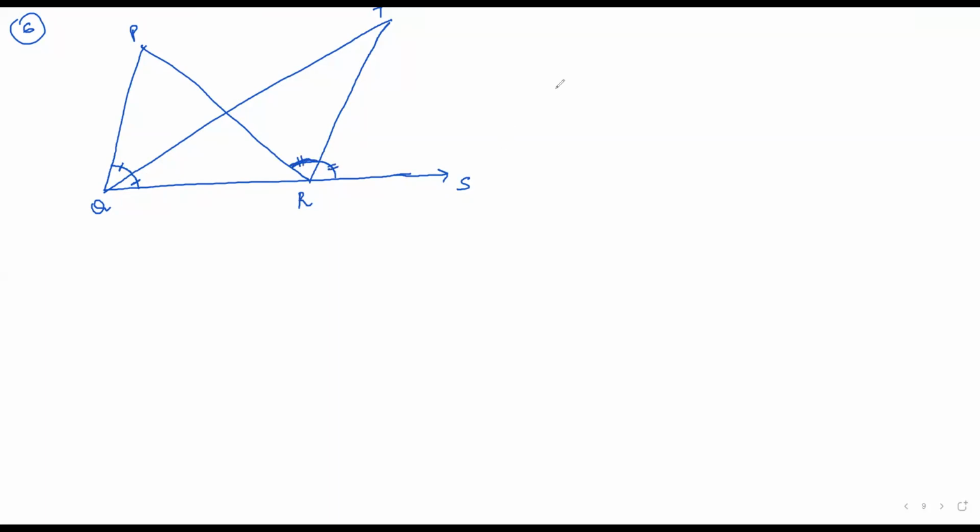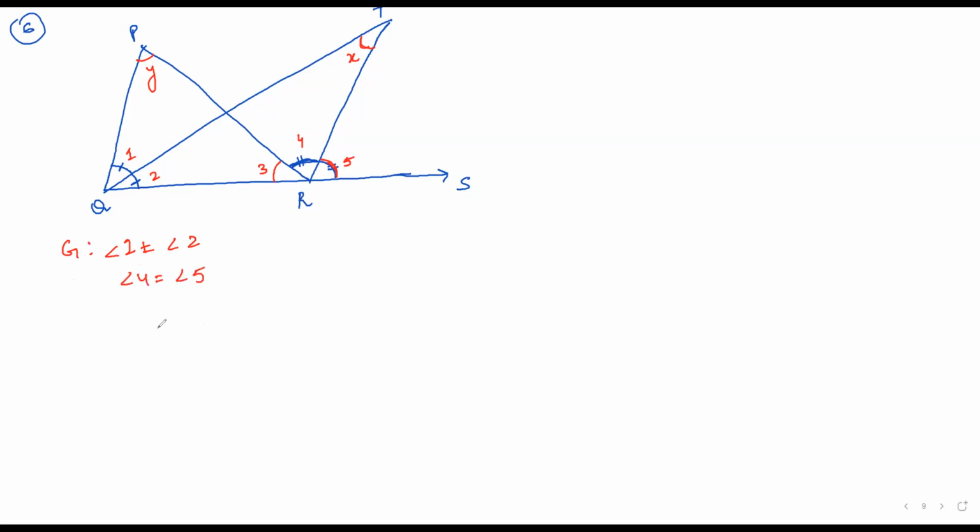Let me give some names to the angles to make it look simpler. This I'm calling 1 and this I'm calling 2. Then let me call this angle 3, 4, and this one 5. And let me call them X and Y. Fine. So it is given in the problem that angle 1 is equal to angle 2 and angle 4 is equal to angle 5.